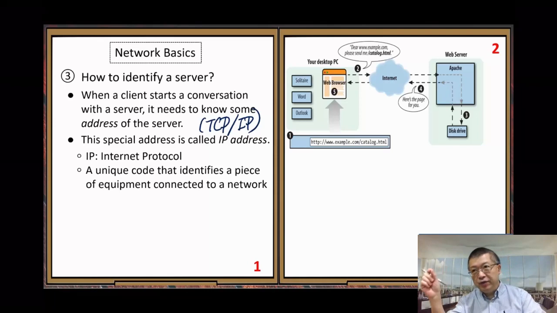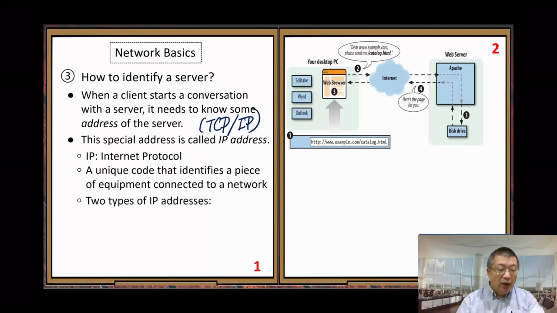If you want to make one piece of equipment identifiable in the whole big, huge internet, you need to assign it an IP address. So here, we need a little basic information about IP addresses.